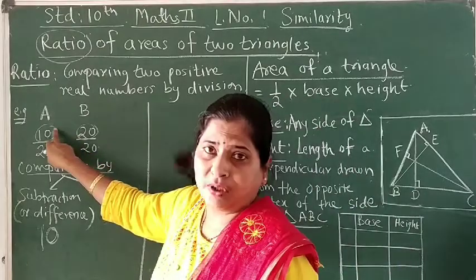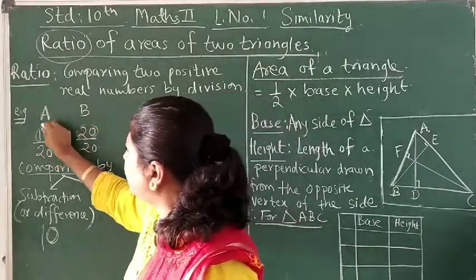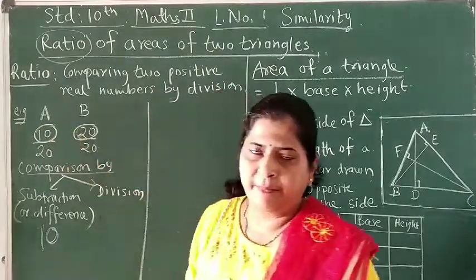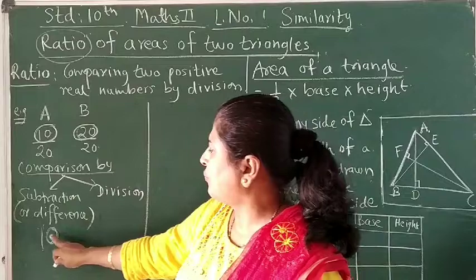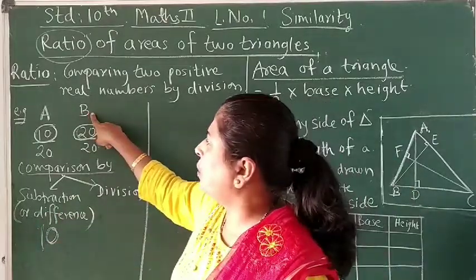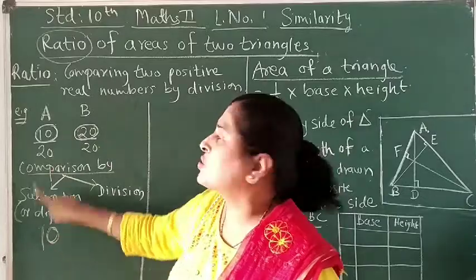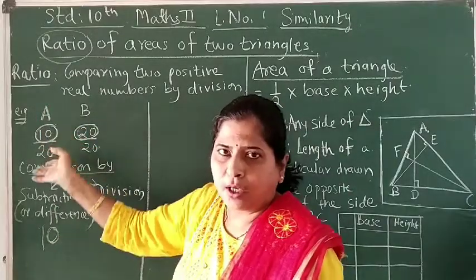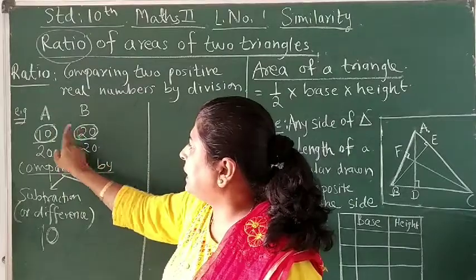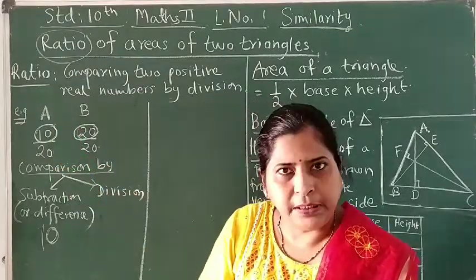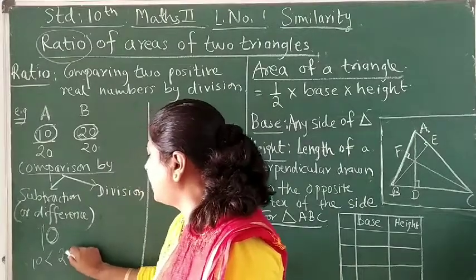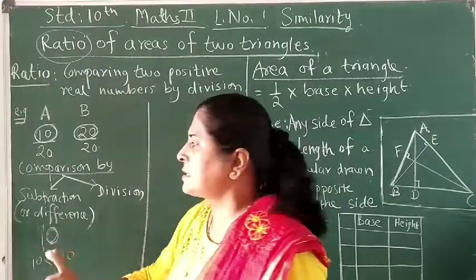We are talking about 10 and 20, so we are comparing these two positive numbers 10 and 20. By taking the difference, we can say that student B has got 10 marks more than A, or in other words student A got 10 marks less than B, as 10 is lesser than 20.